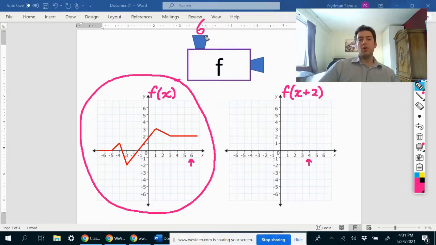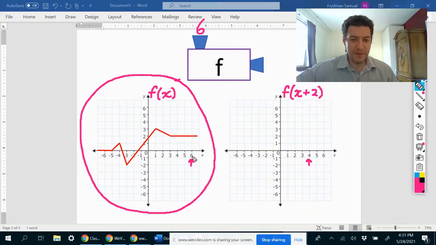Now, how do we know what is going to come out of the function machine if we put the number 6 in? Well, we can refer back to this graph over here, because back in this graph, when the x was 6, then we put that 6 directly into the function machine. And we saw that we got the number 2 out.